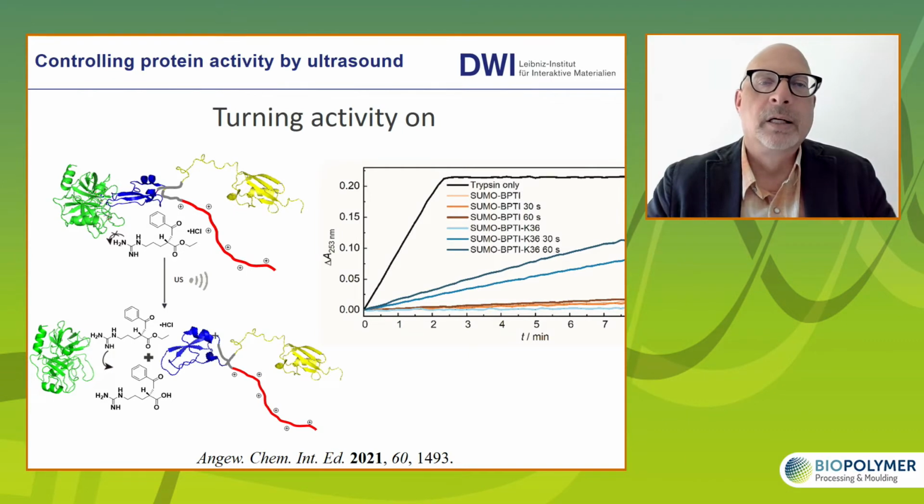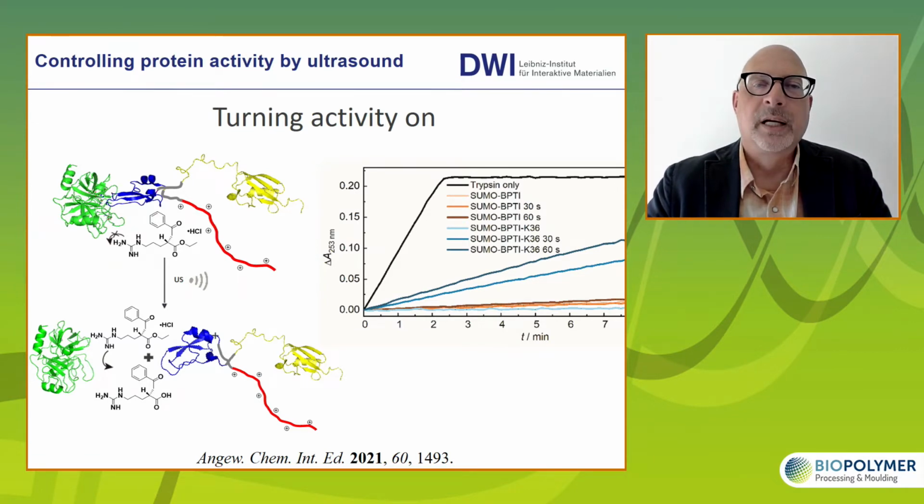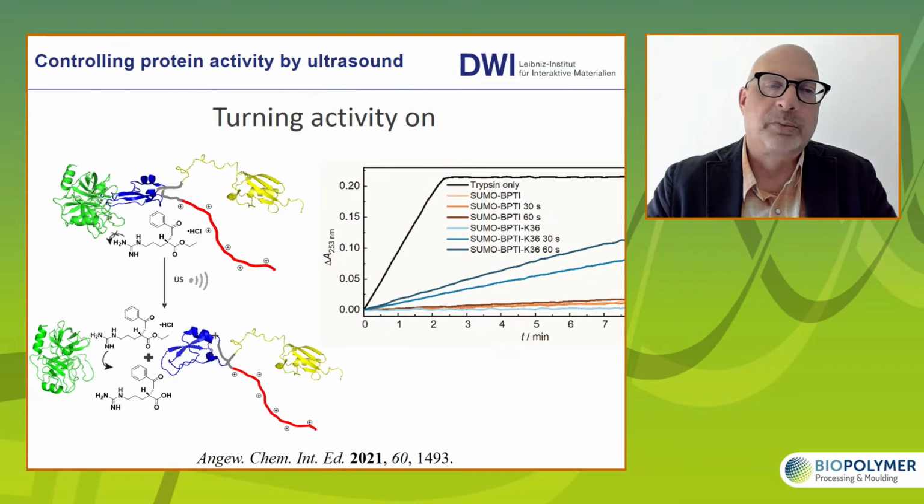And again, the blue structure is modified with an unfolded polypeptide chain that is now positively charged, which again allows us to transfer shear forces. And by ultrasonication, we now pull this inhibitor out of the active site. And by this, we switch on the proteolytic activity of this enzyme, as can be seen on the scheme on the right.